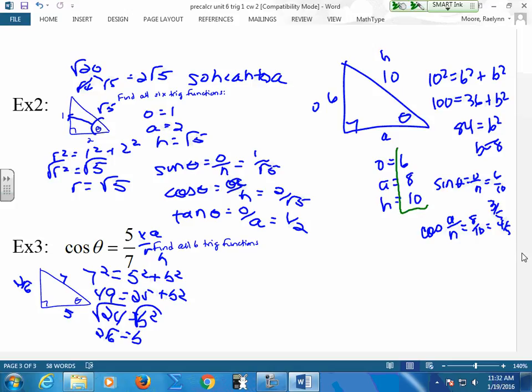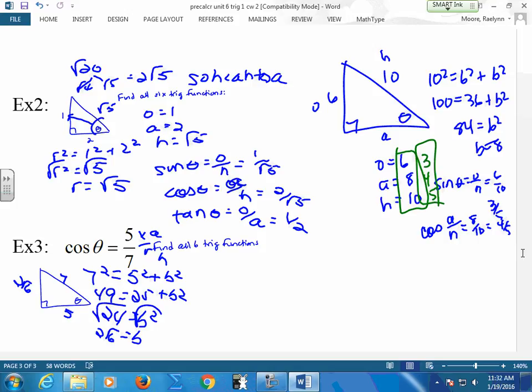Over here, reduce this first. What's a factor that I could take out of all of them? 2. So there's my 3, 4, 5 triangle. So just use 3, 4, 5. Reduce it in your information box, and then you don't have to keep reducing them every time you do it.